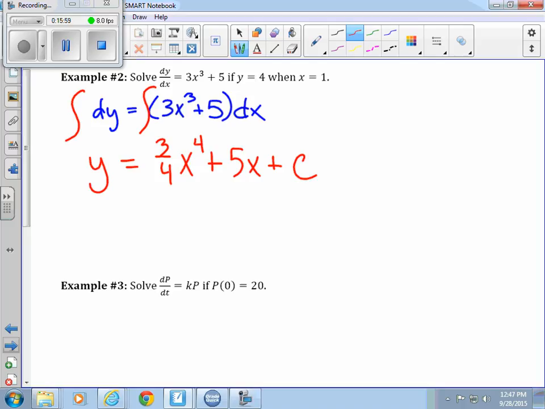I would always, even before I get y by itself, though with this one it doesn't matter because it's already by itself, go ahead and plug in the initial condition first if I have that option. It's usually a little easier to do before you solve for y. Just saves you a little effort and some nasty square roots and things. So I'm going to plug in 1 for x and 4 for y. Common denominator over there on the right, fourths. 5 would be 20 fourths, so 23 fourths.